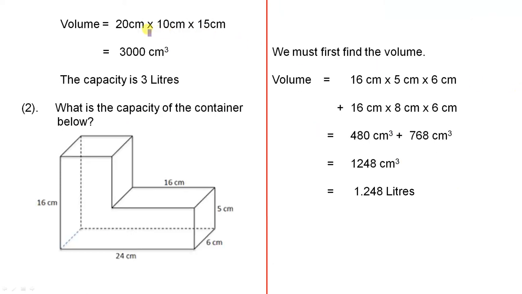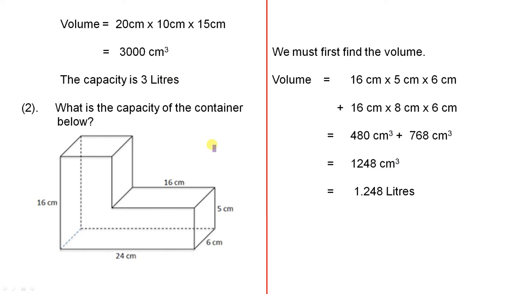So the volume of the container, you multiply those three measurements together, and that gives you 3,000 cubic centimetres. So the capacity is 3 litres, because we saw on the previous slide that 1,000 cubic centimetres was equal to 1 litre. So that container has a capacity of 3 litres.